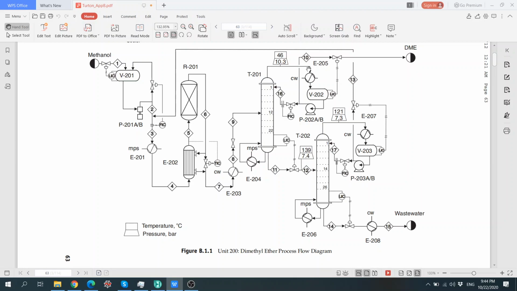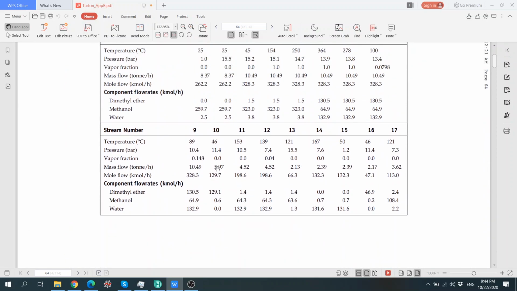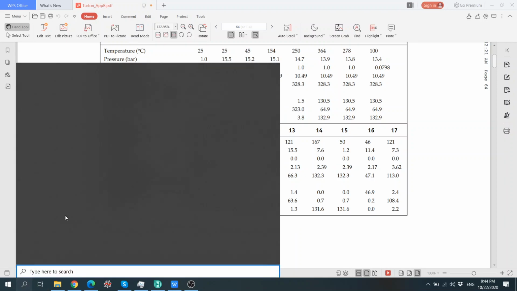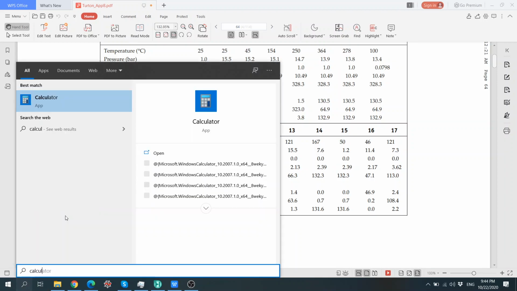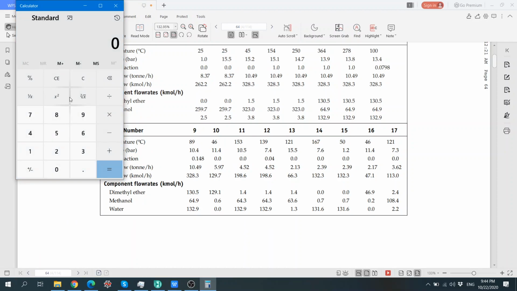And then, for example, this is stream number 10, and we can see here 129.1 is the amount of dimethyl ether, and then we have some amount of methanol. We can calculate this roughly.